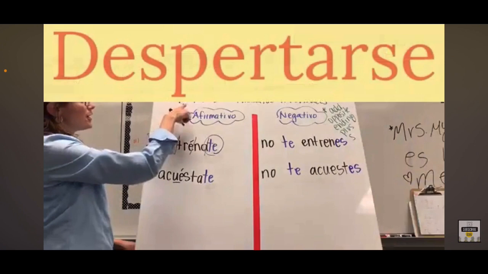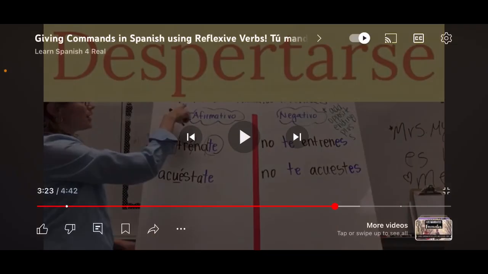And instead of attaching the reflexive to the end, we're going to detach it. So no te. And remember, it's an AR verb, and E and A are opposite, so ES. So if you've done it correctly, you should have no te acuestes. But anyway, let's move on to despertarse.